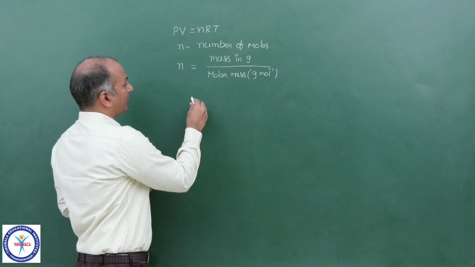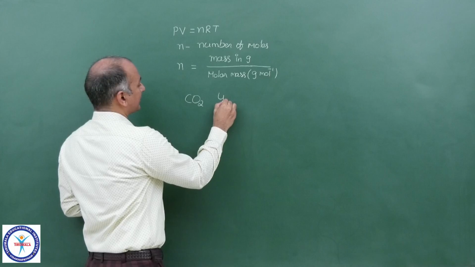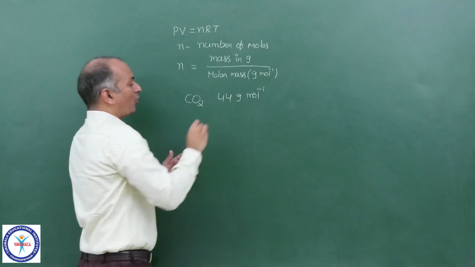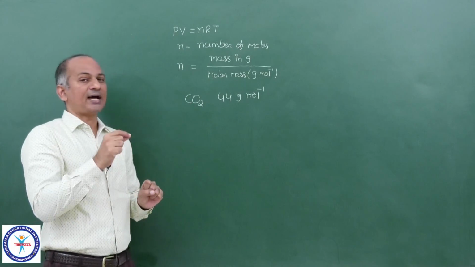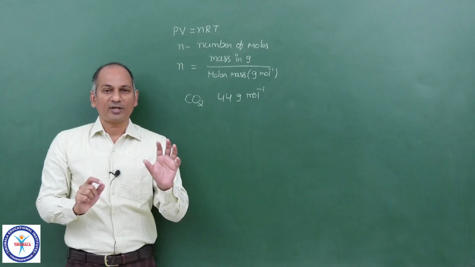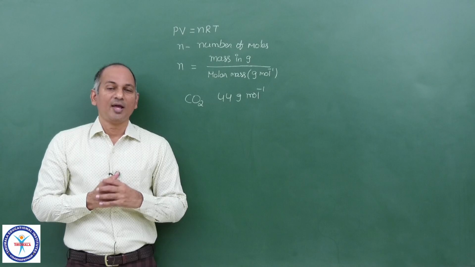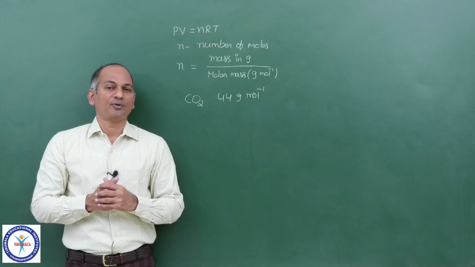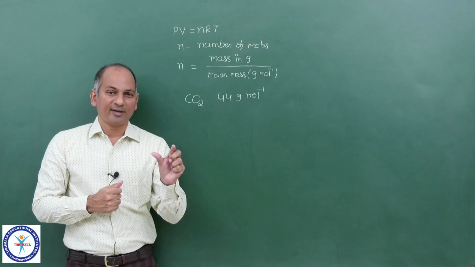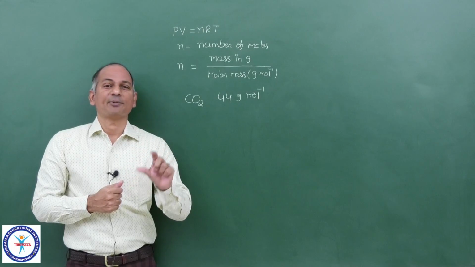Suppose, for example, if you take carbon dioxide, molar mass is 44 grams per mole. All of you recall, molar mass of any substance is its atomic or molecular weight expressed in grams. CO2 44 grams per mole, oxygen 32 grams per mole, nitrogen 28 grams per mole. So molar mass is nothing but atomic weight or molecular weight or even formula weight of that particular compound expressed in grams.